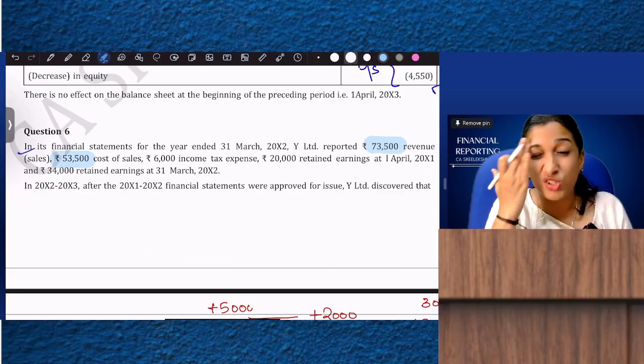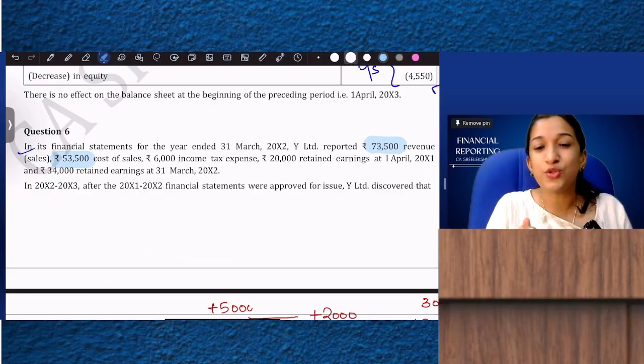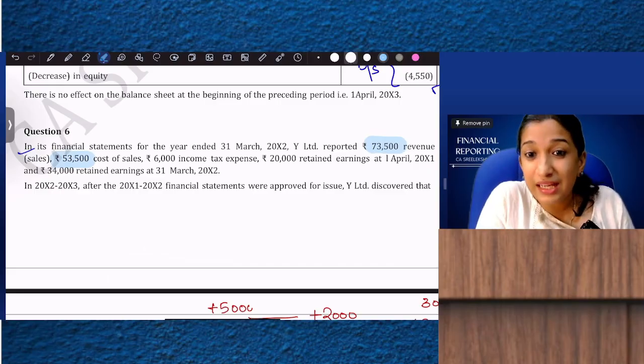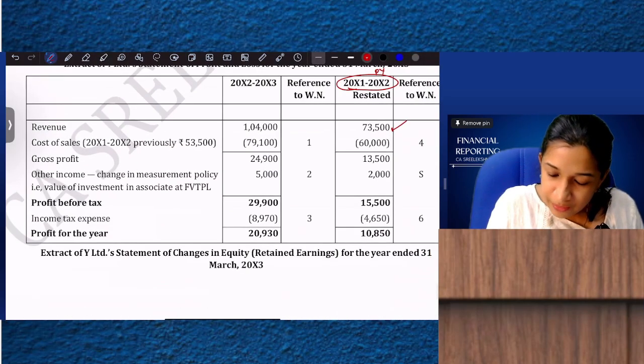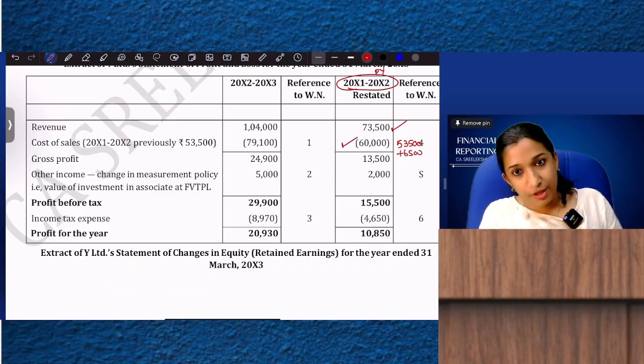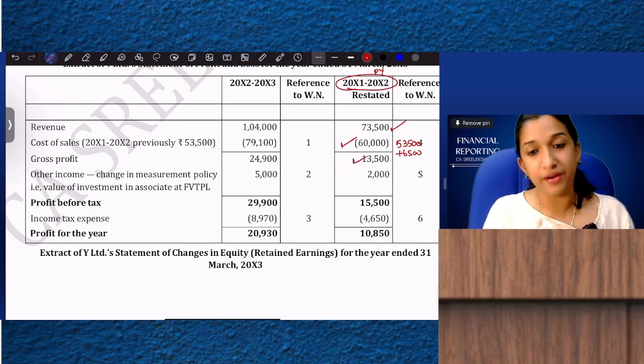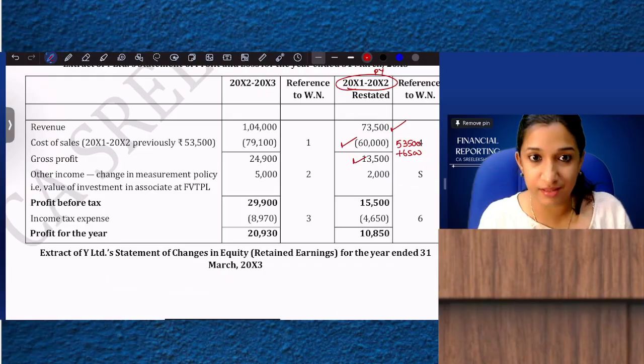So closing stock is to be reduced, which means my cost of sales will increase. Yes or no? 53,500 plus 6,500. So closing stock reduced, profits reduced, cost increased.